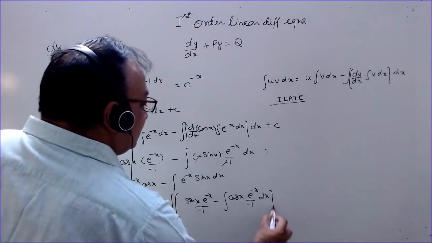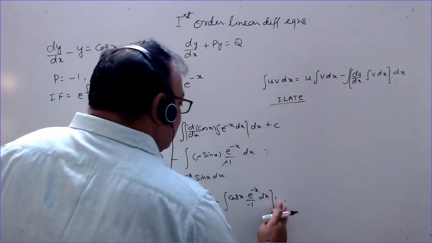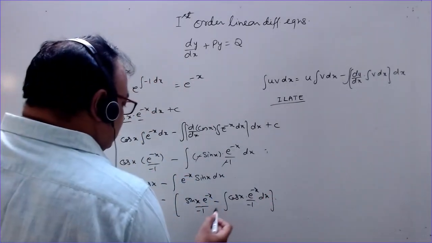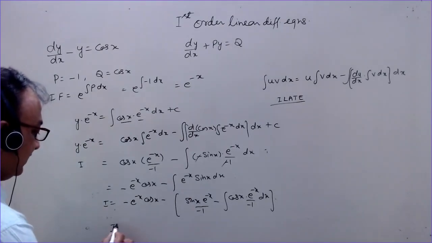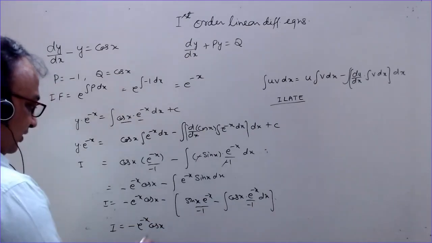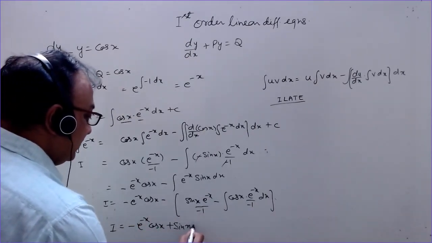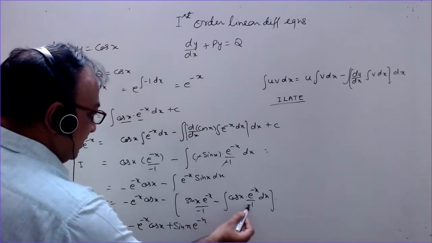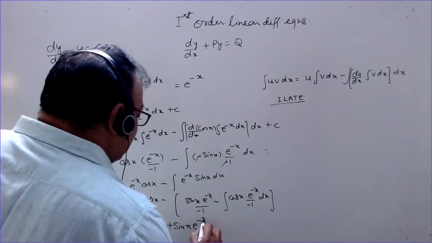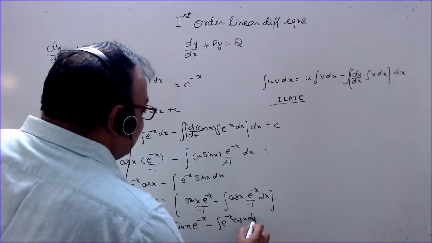And integral of this. So I is equal to minus e to the power minus x cos x, and here this minus minus will be plus, plus sin x e to the power minus x, and with this overall minus, minus integral e to the power minus x cos x dx.